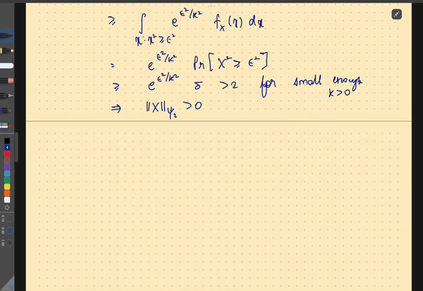Okay, so the third property is, suppose that x and y are Subgaussian random variables. Remember that x and y need not be independent of each other. They could have any arbitrary joint distribution.